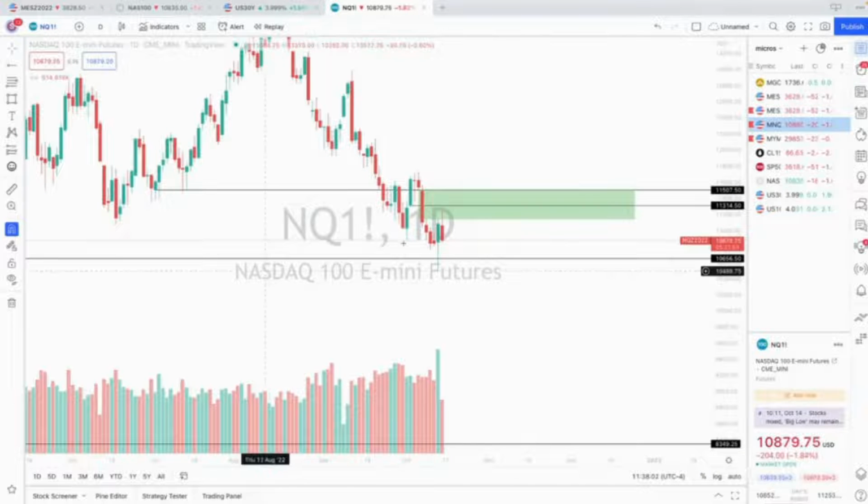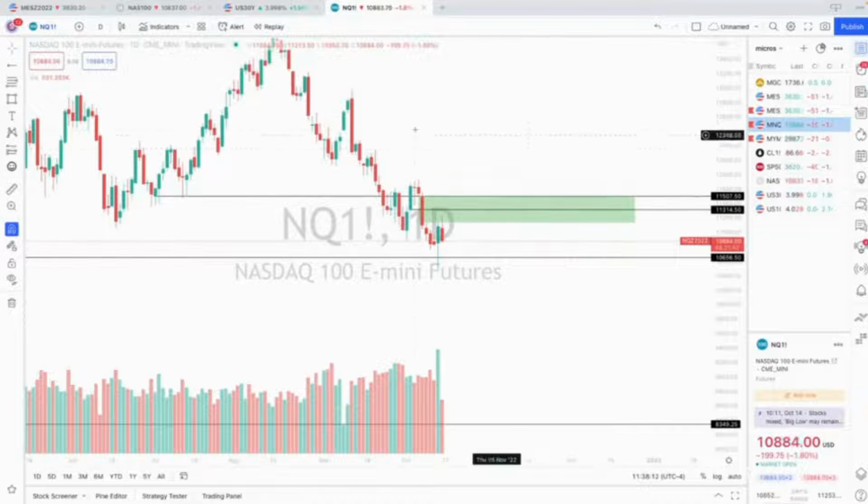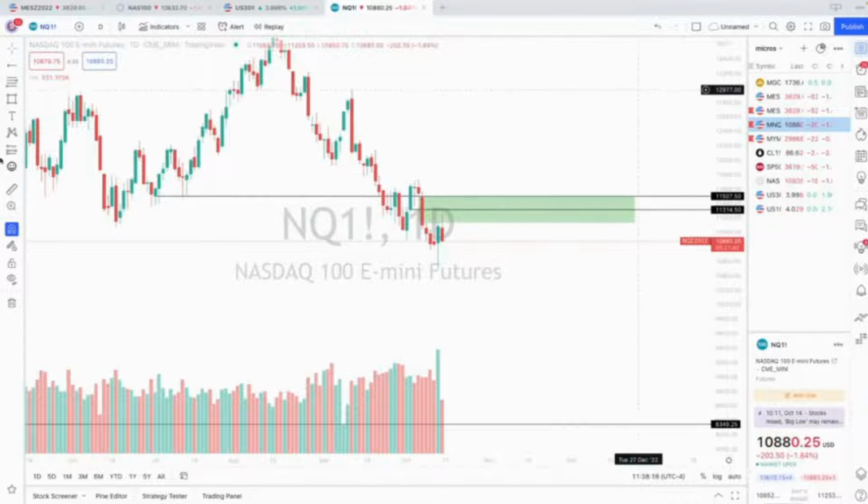So the point is, as you can see, institutional sponsorship, every time we've touched order blocks, we have continued to move lower. And if we look back, I'm going to get rid of this sell side liquidity right here. If we look back, we can see how that has stood true.